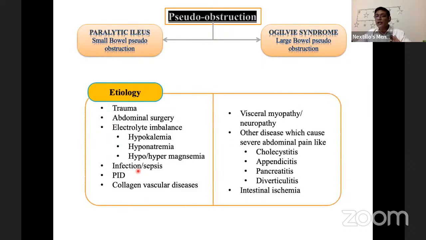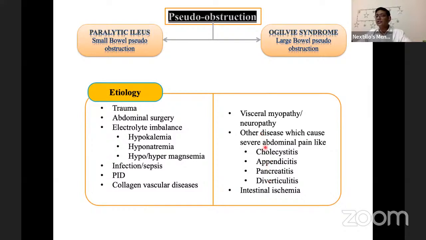Then this may be due to myopathies. It may be due to neuropathies. Then this may also precipitate as a sequela to some conditions which cause severe abdominal pain.